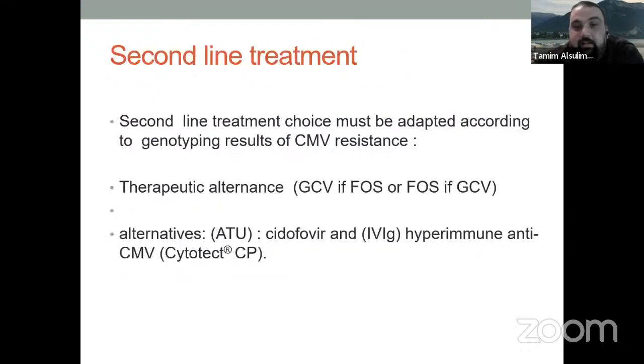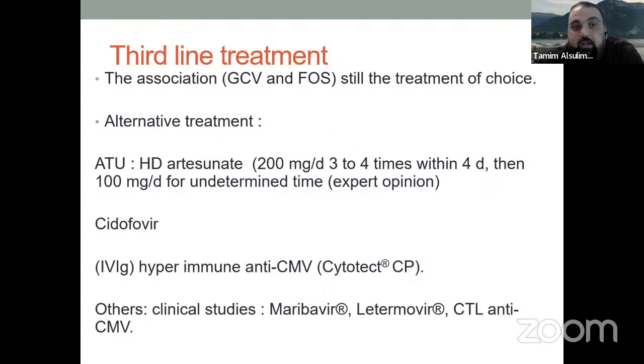For the second line, we talked about GCV if we used foscarnet in the first line, and foscarnet if you used GCV in the first one. We talked about alternatives like cidofovir and hyperimmune anti-CMV like Cytotect CP.